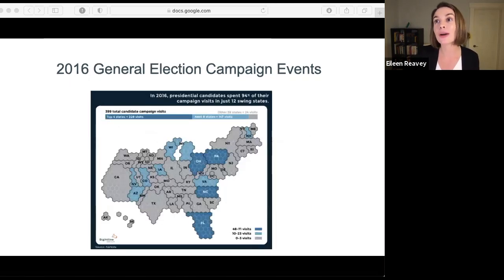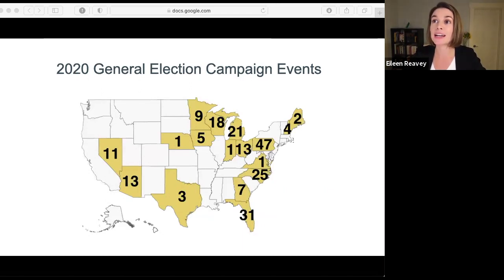Same thing in 2016. In the 2016 election, 94% of campaign events were again in just 12 states, and 2/3 of the events were in just 6 states that were really deciding who the next president was. This year, we know that 96% of the general election events were again in just 12 states.